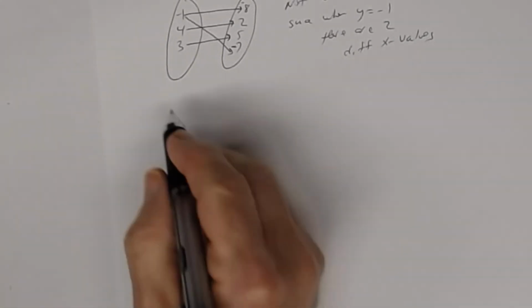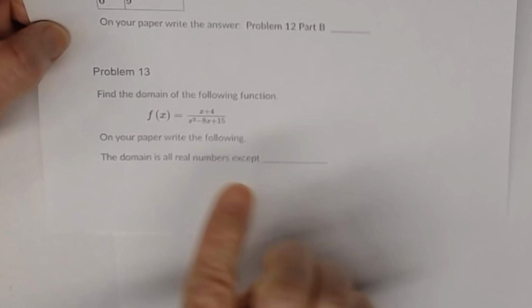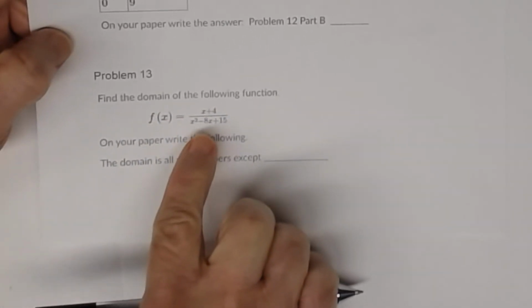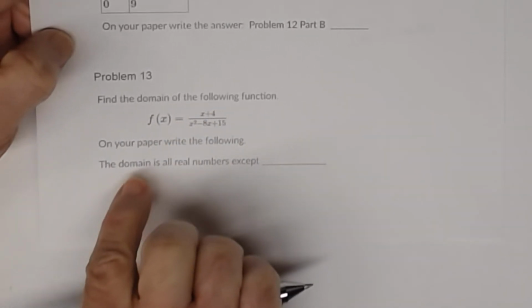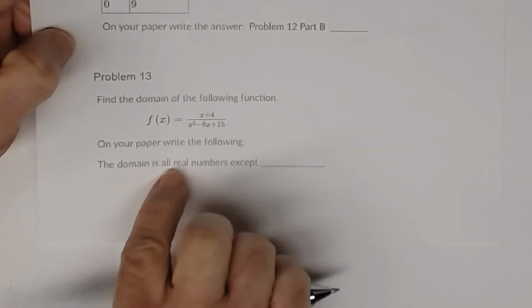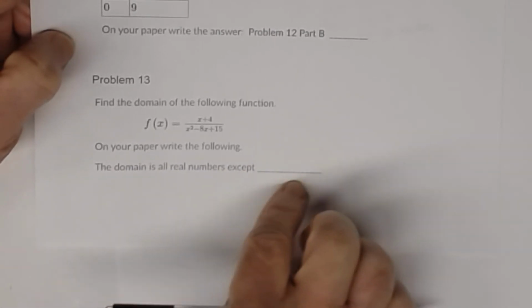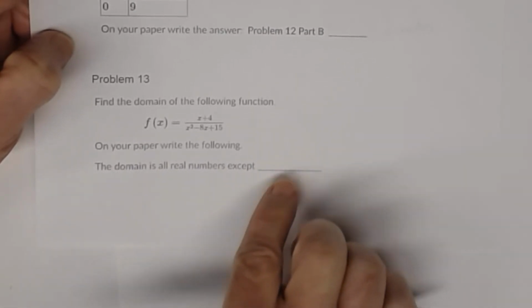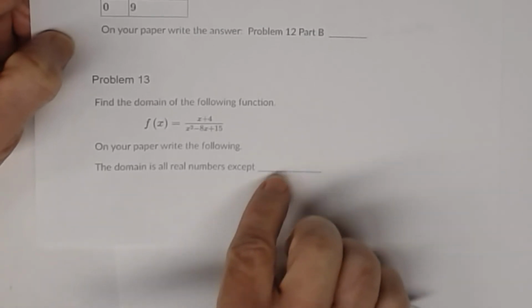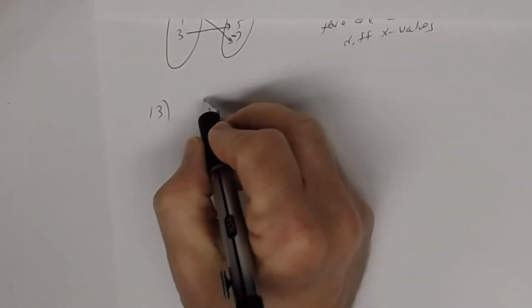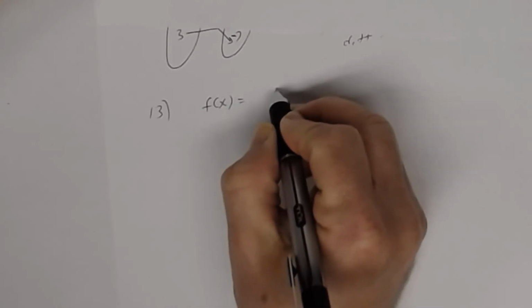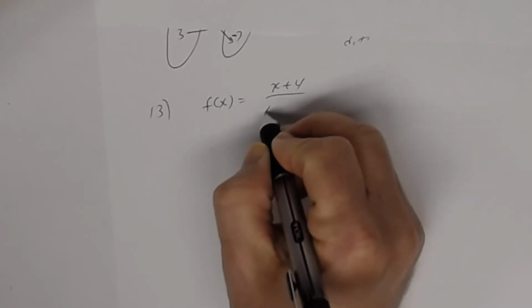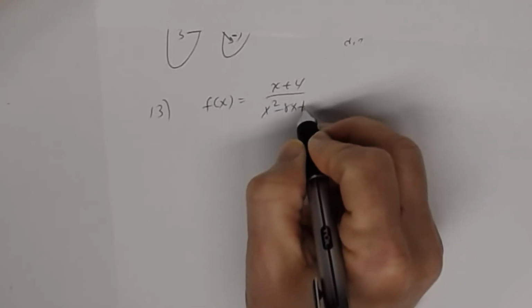Now, number 13, that one was easy. You just had to find the domain of the following function here, and you had to write it like this: domain is all real numbers except, and then you were told to put the values of x here. So let me go ahead and write down the function. So you have f of x equals x plus 4 divided by x squared minus 8x plus 15.